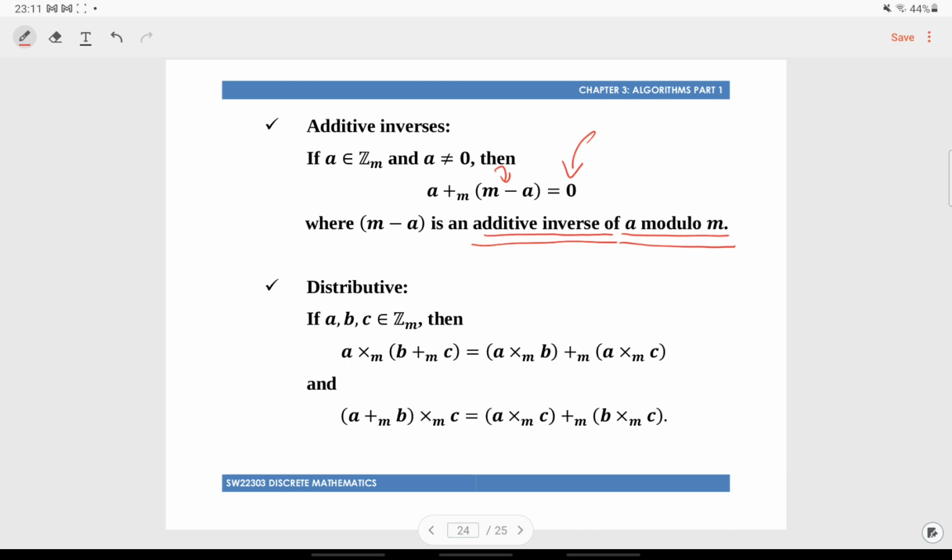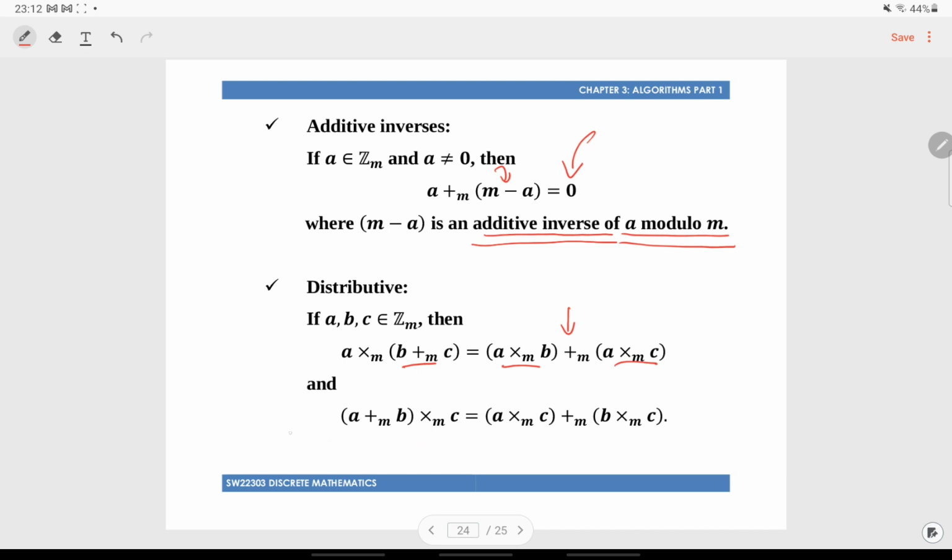Okay, for distributive, that means we expand the parentheses. Let's say we have three integers from the set of integers modulo m. Then a times (b plus c): we do the operation in parentheses first, so it is equal to multiplying a by b, multiplying a by c, and then doing the addition.